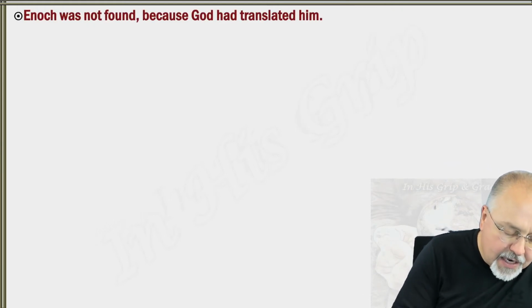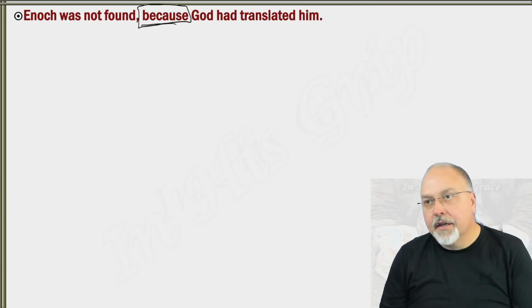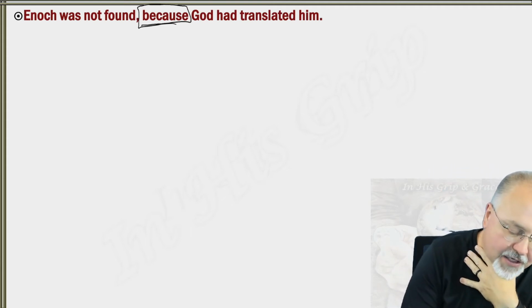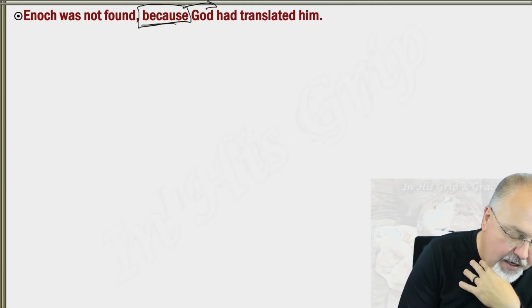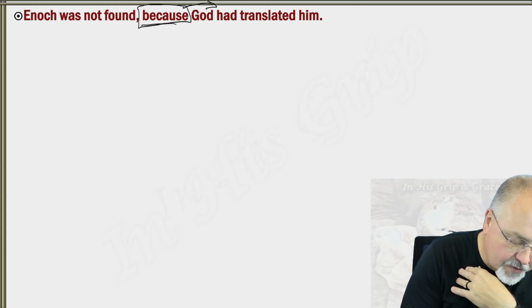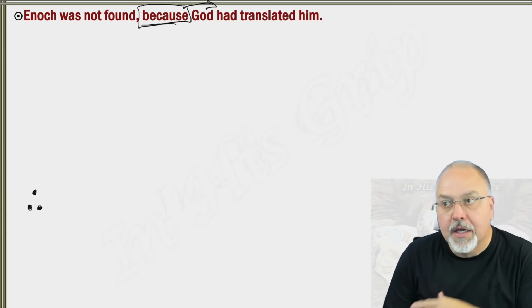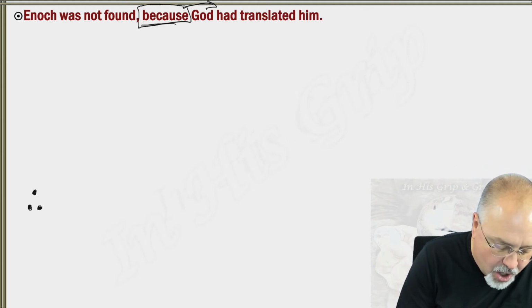Let's do another one. Enoch was not found because God had translated him. Okay, "because" is explanatory. And so we know that this is an explanation of "Enoch was not found." So let's assume, and again, you always have to be careful because you may have to change your mind, but let's at least train it.